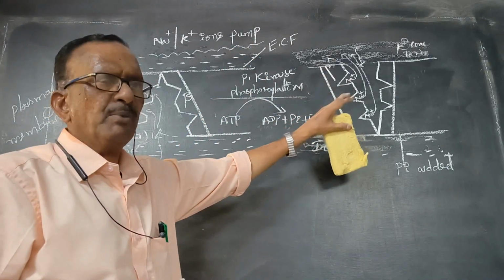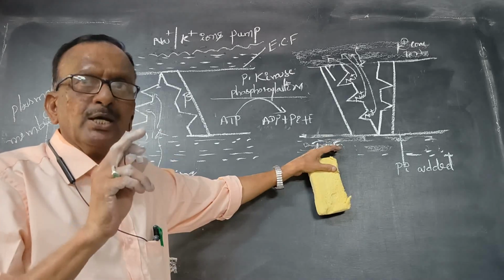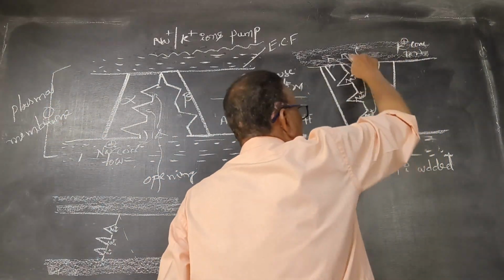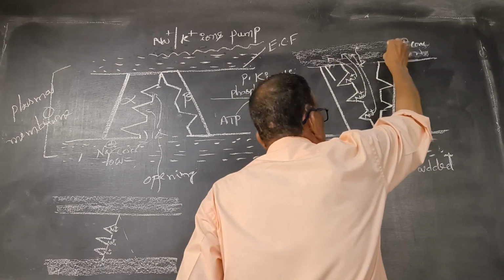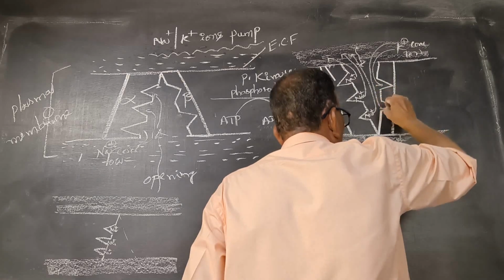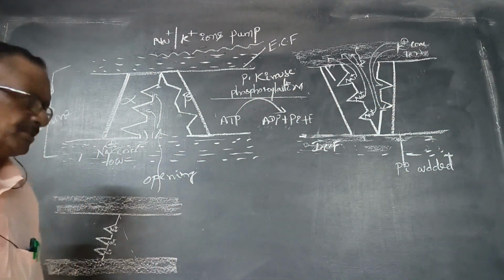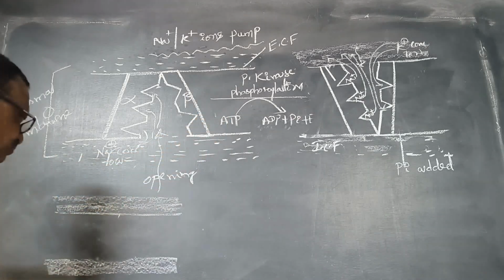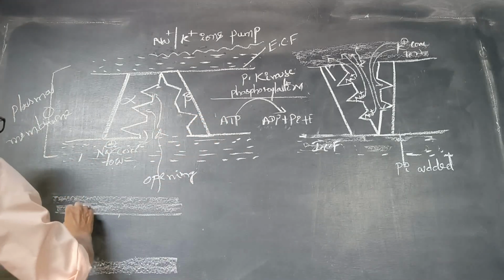That means that is also coming under active transport phenomenon. So at the same time, what happens? When the sodium ions are escaping, then at the same time potassium ions will enter into the beta units. So now I will change this diagram. We have to draw this actual V shape.